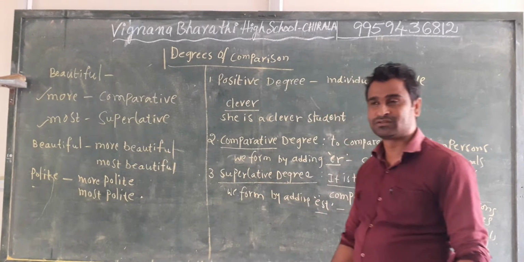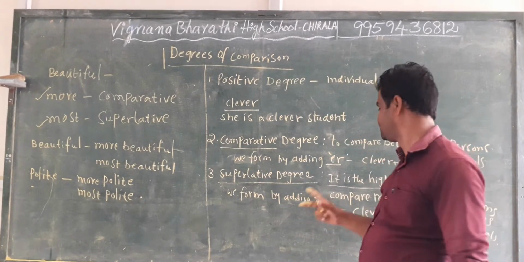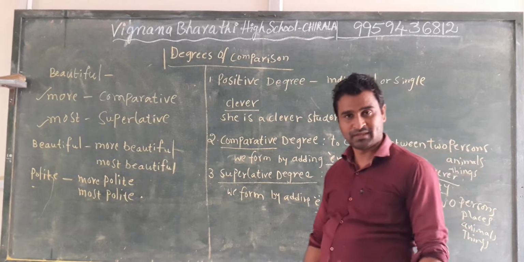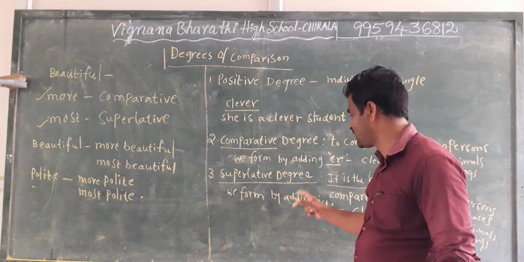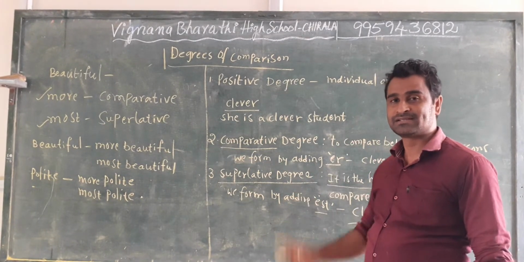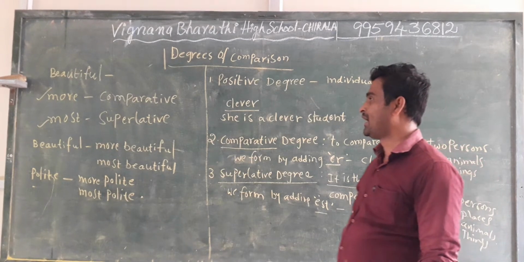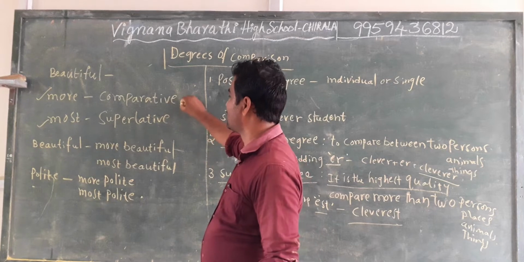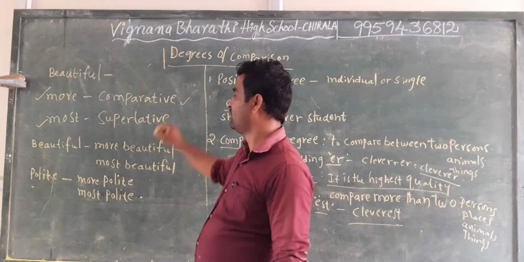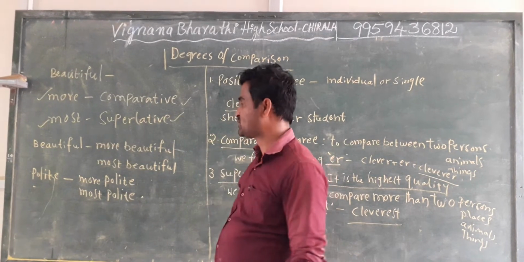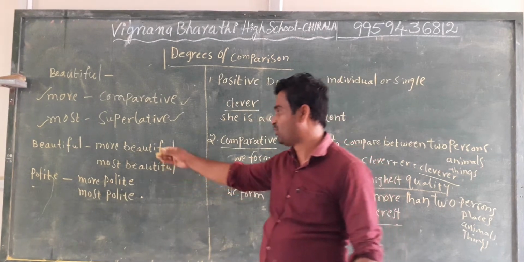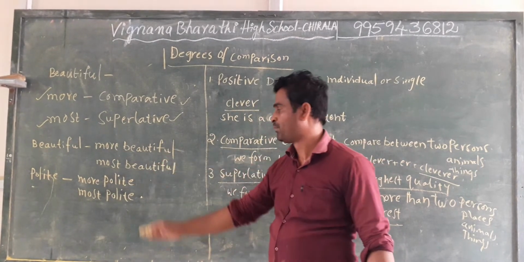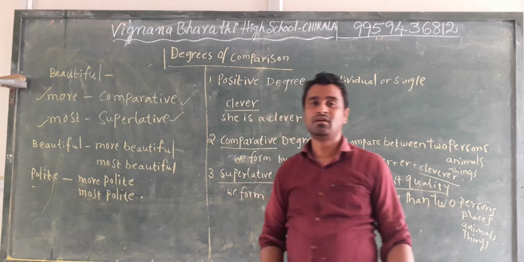Superlative degree is the highest quality of something, and we make it by adding est to an adjective. For words of more than two syllables we use more to make comparative degree and most to make superlative degree, such as more beautiful, more polite, most polite.